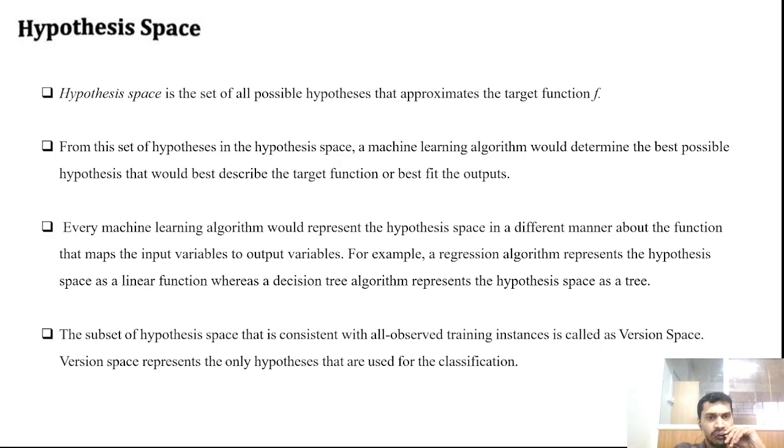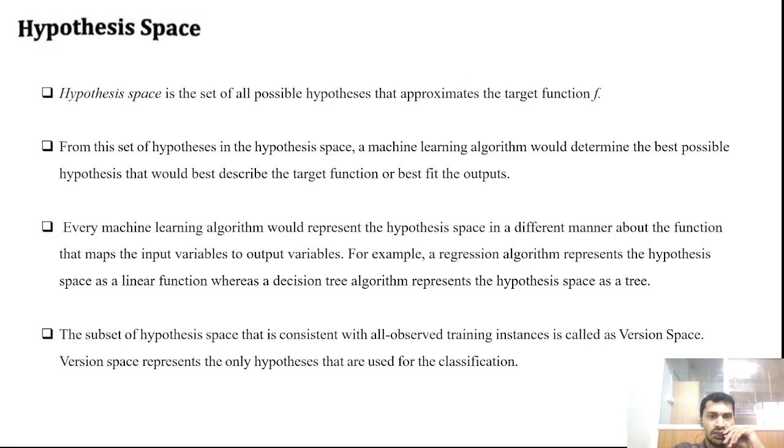And the best model or the best hypothesis from this space that fits the given data makes the accurate prediction. So we are considering the best hypothesis from this hypothesis space.